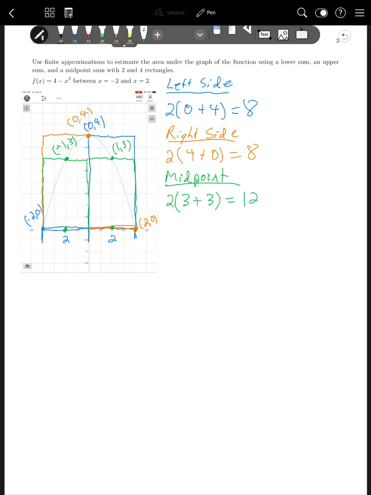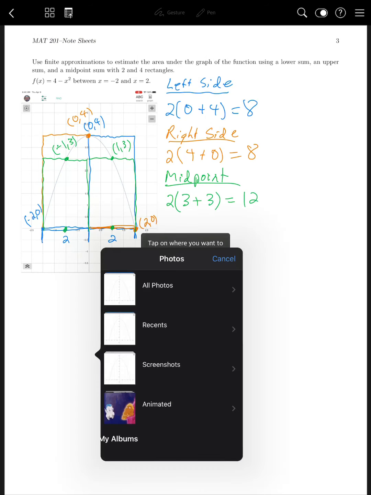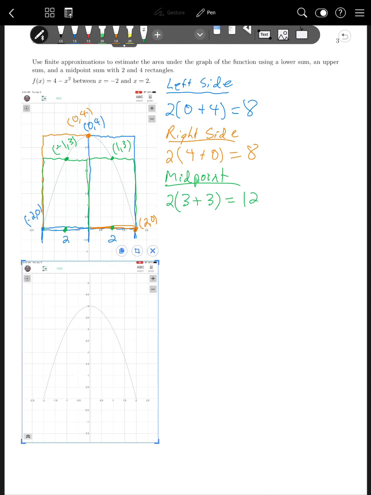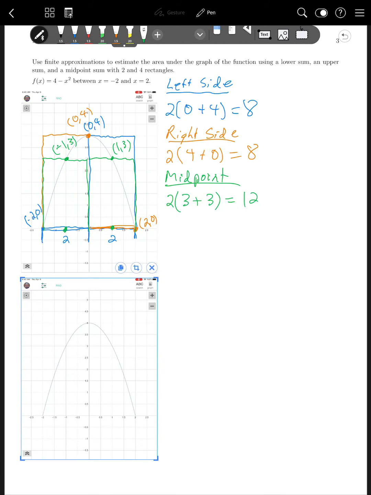And then we do the same thing over here. Our midpoint is 1, so the height is at 1, 3, right? That's the height of the graph at 1. And so our widths are still 2, and our heights for both are 3, so 2 times 3 plus 3, which equals 12. So that's doing it with 2 rectangles.